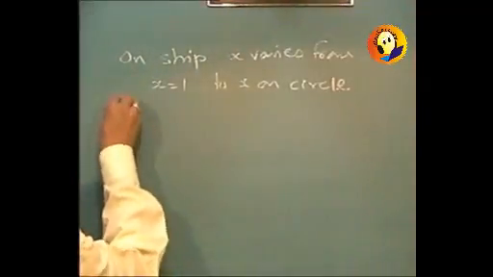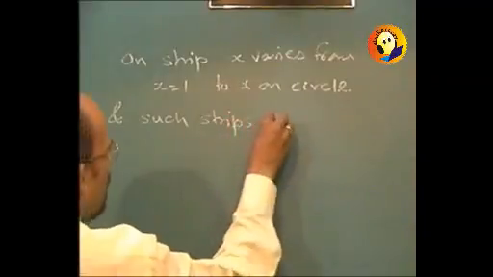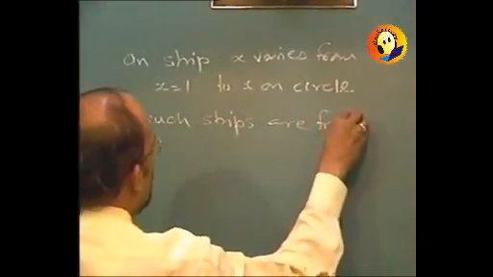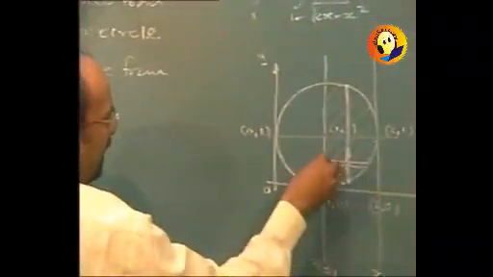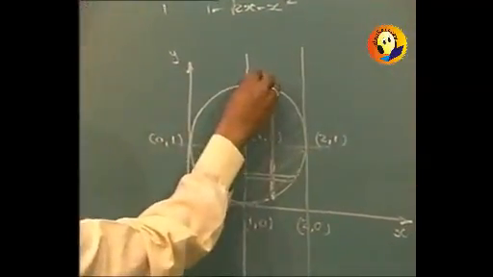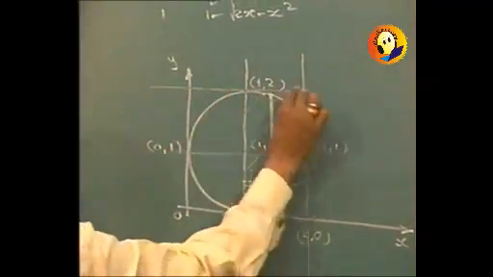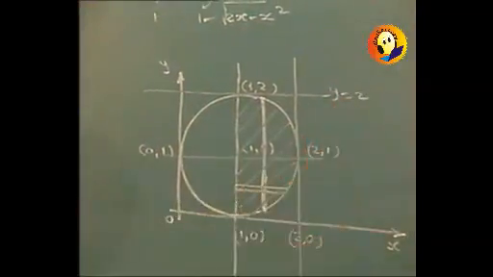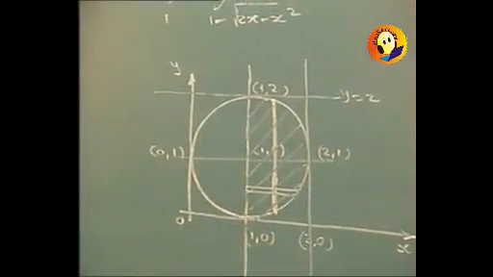And such strips are from y equal to 0, the lowermost strip, and as the radius is 1, this point is going to be 1, 2, or this line could be y equal to 2. So such strips are taken from y equal to 0 to y equal to 2.